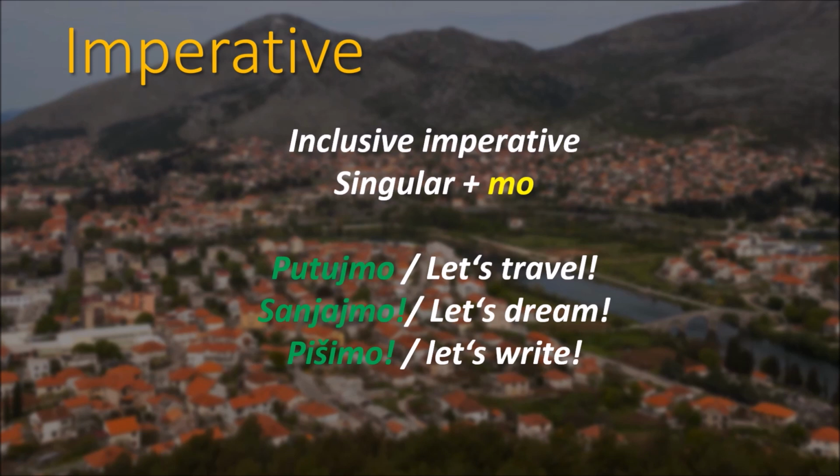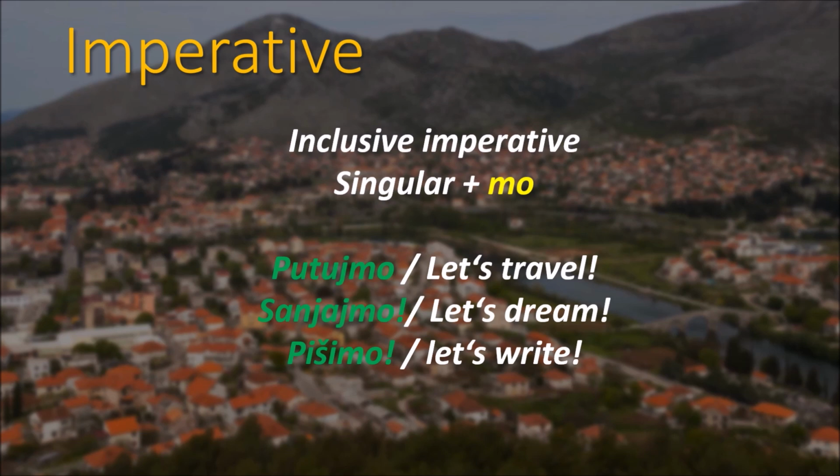Putujmo. The second verb we're looking at is sanjati, which is the infinitive of this verb. In a singular imperative, it would be sanjaj, and then we added the mo. So therefore, we have sanjajmo. Let's dream.